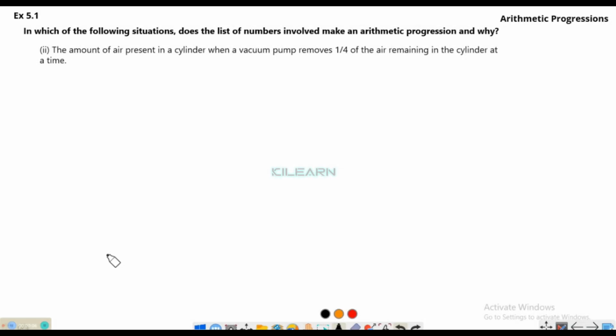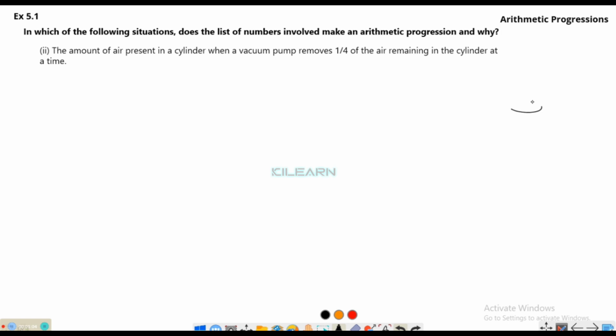Question number 2. The amount of air present in a cylinder when a vacuum pump removes 1/4 of the air remaining in the cylinder at a time. So let's consider a cylinder filled with air, full of volume. Every time 1/4 of the air is removed, that means 1/4 of the volume is removed from the old cylinder.